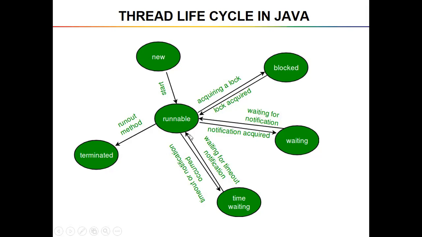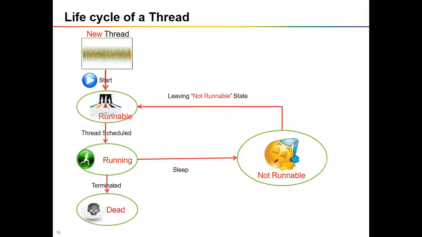When a thread is waiting with a timeout, it reaches the timed waiting state, and once the time is up or notification occurs, it comes back to the runnable state. Once the run method is completed, it reaches the terminated state. So this is the life cycle of a thread in Java.